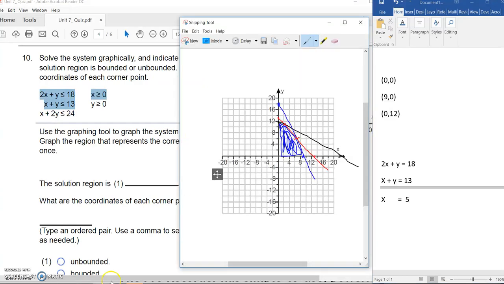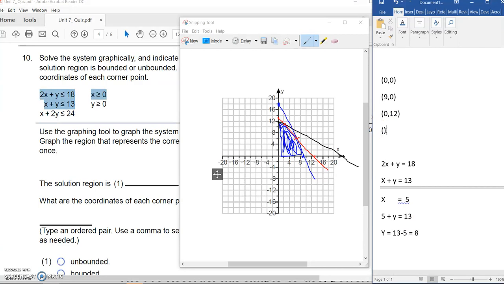So x is 5. So what is y? You would just plug that in. We got x plus y equals 13, the second equation. Instead of x, just put 5, and then subtract 5 from both sides. You would get 13 minus 5, 8.